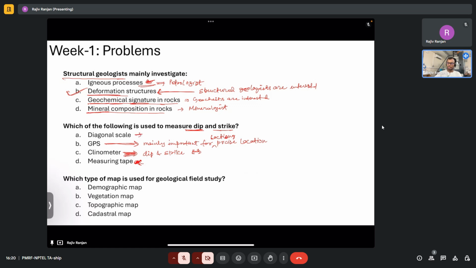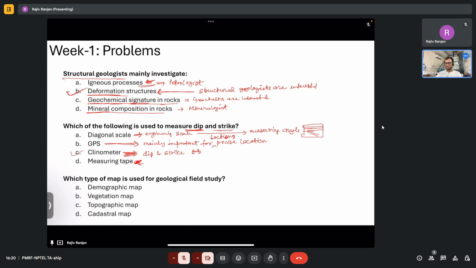And diagonal scale is an engineering scale used for measuring angles. It appears something like this, and there will be lines, right? So this is how it appears roughly. My drawings are really bad, so please bear with that. So from here we know the answer is clinometer.